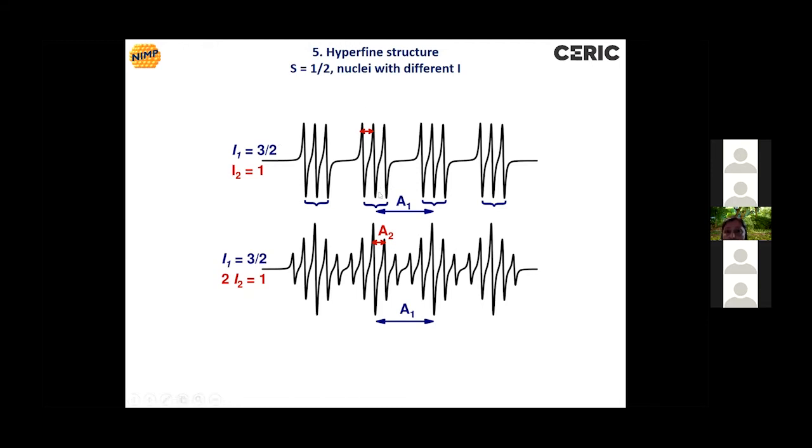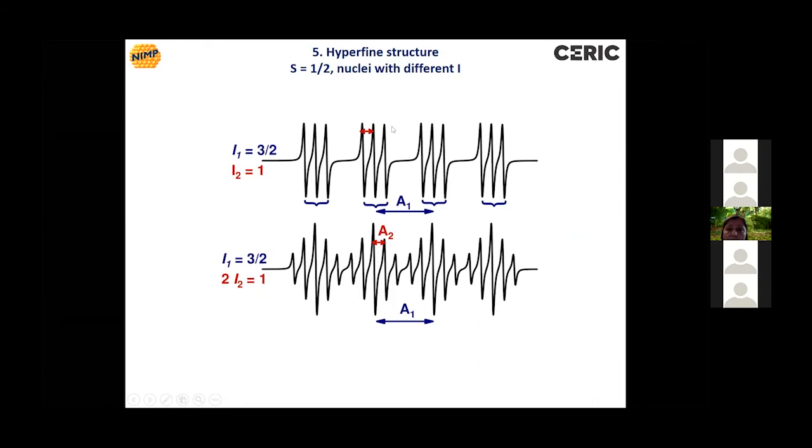And as you can see here, in the simulation, it was considered that the hyperfine parameter for this nucleus was larger than for the second nucleus with spin 1. So the 4 lines resulting from the 3/2 nucleus are split by the interaction with the second nucleus, which has a smaller hyperfine parameter.